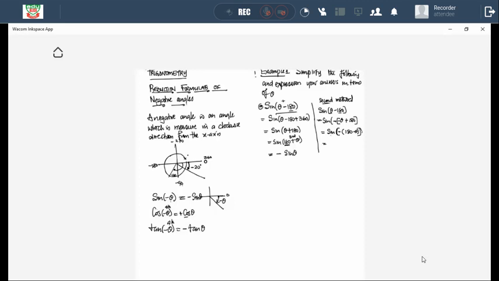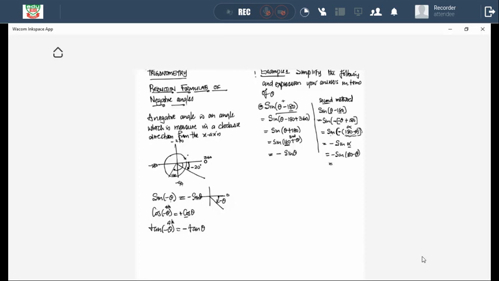But this is sine of a negative angle. So it means I can call all this angle alpha. So it's as good as sine negative alpha. And sine negative alpha is the same as negative sine alpha, which is what? Negative sine alpha. But alpha is 180 minus theta. So it means it's negative sine 180 minus theta, something like that.